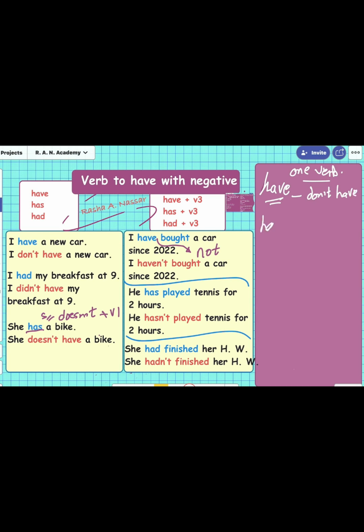If you see has alone, it means that you are going to change the sentence into negative by using doesn't have.